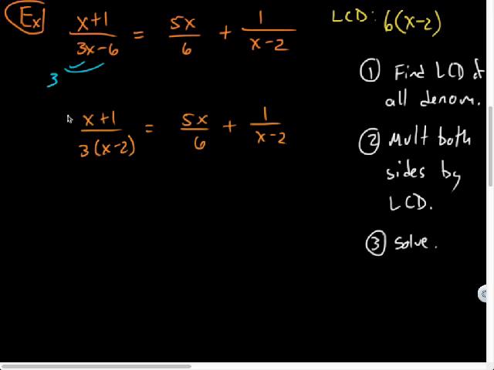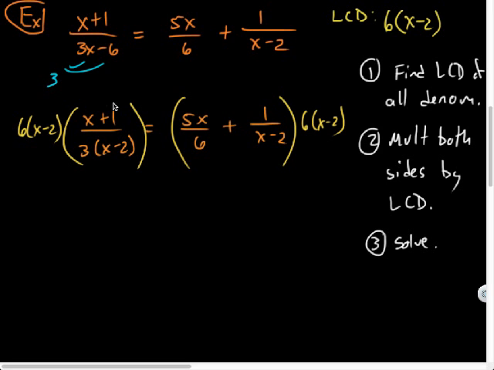So here we go. Let's multiply both sides by my LCD. My LCD is 6 times (x minus 2). Over here, I'm going to have to make sure I represent it twice, and here it's just going to be represented once. Oh, actually, it's not an equal sign, it's an equation.